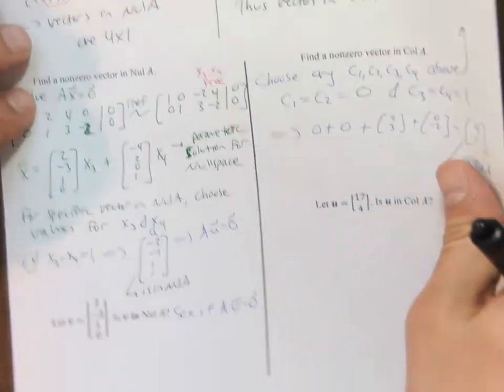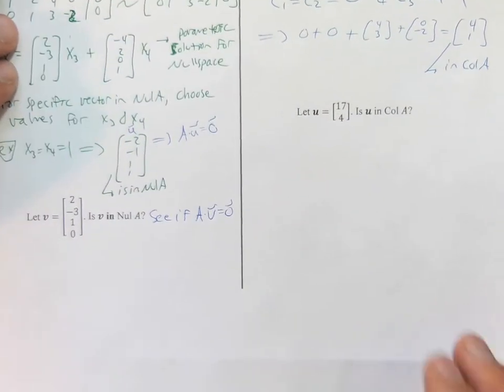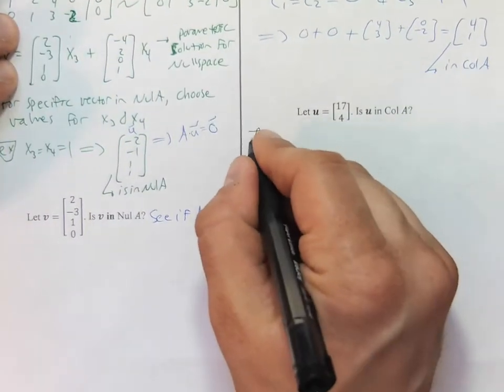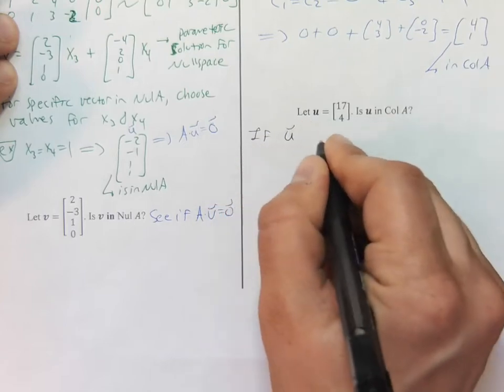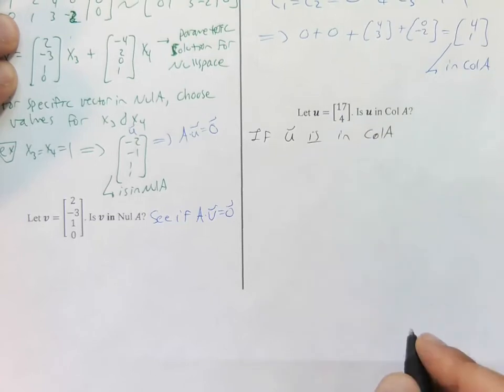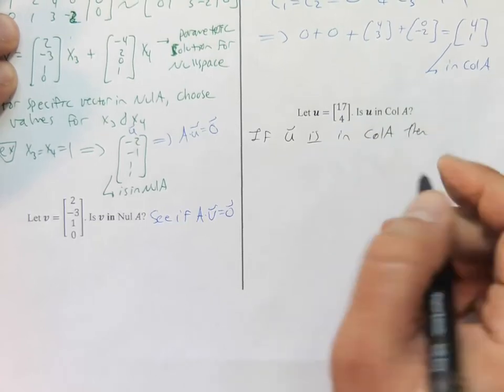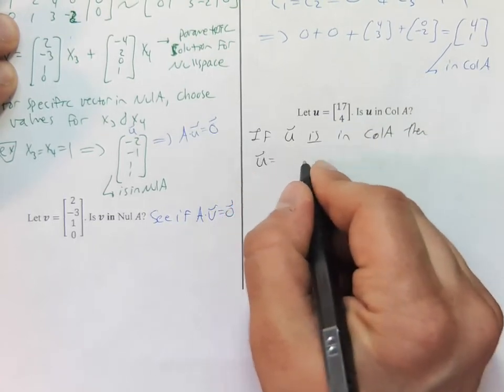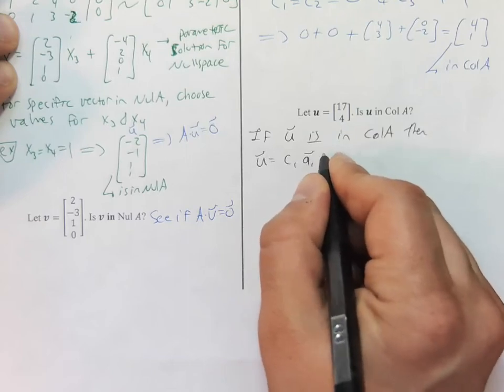And so that requires you to solve a system, because if u is in the column space, let me write this down. If u is in the column space, then that means u is a linear combination of the columns.